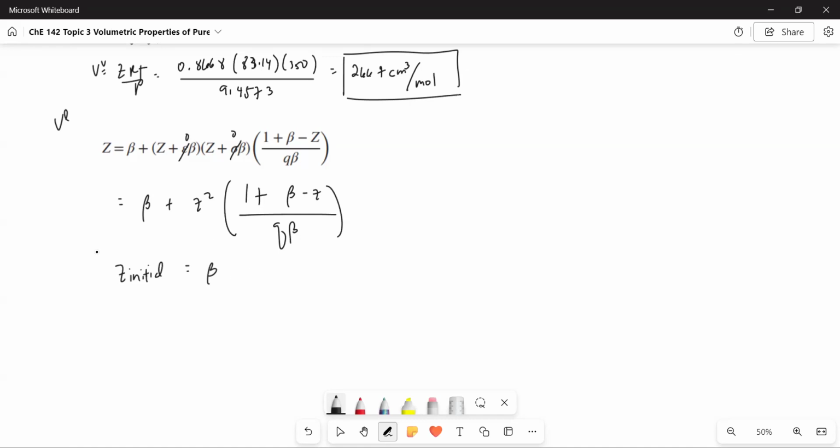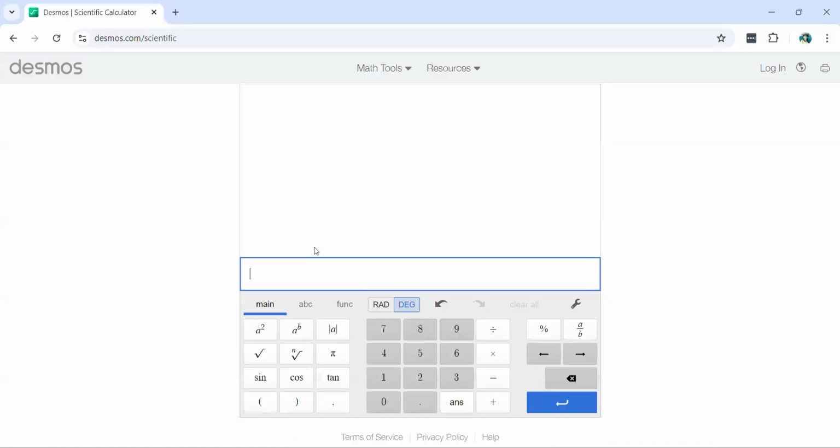So very important, take note of that, or else it will not converge. So let's try it. 0.03782, that's beta, and that's our initial.